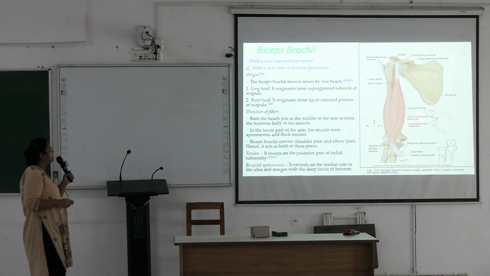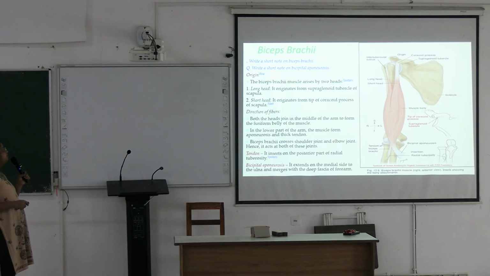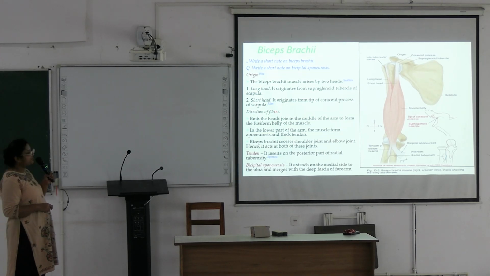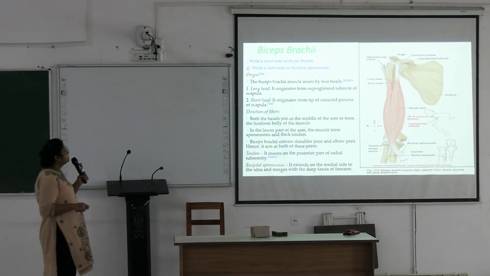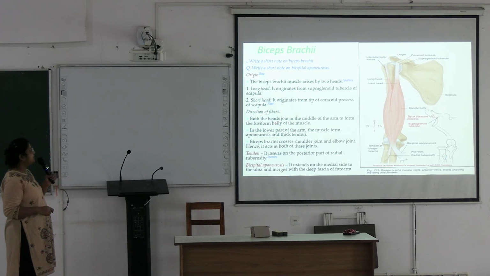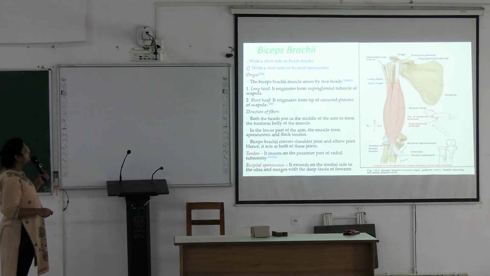The biceps brachii arises by two heads. The long head originates from the supraglenoid tubercle of the scapula. The short head originates from the tip of the coracoid process of the scapula. Both the heads join in the middle of the arm to form the fusiform belly of the muscle. In the lower part of the arm, the muscle forms the bicipital aponeurosis and a thick tendon.